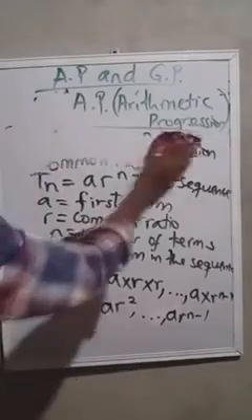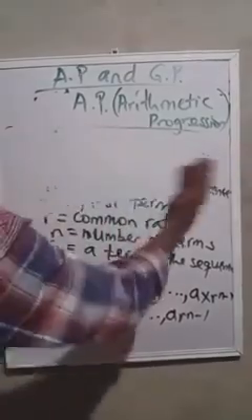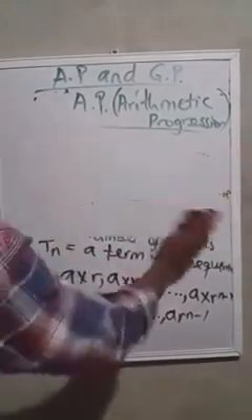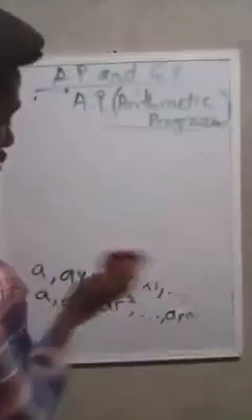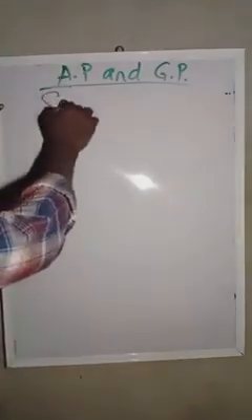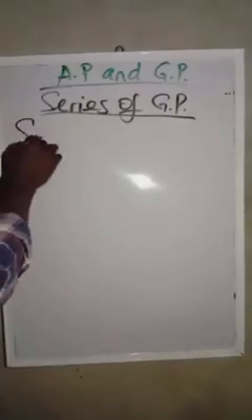How to get it: series is the same way as the other one, whereby we talk about the summation. Series is the summation. So for a series of geometric progression, we still use S subscript n. This S is telling us that we are dealing with series or summation.